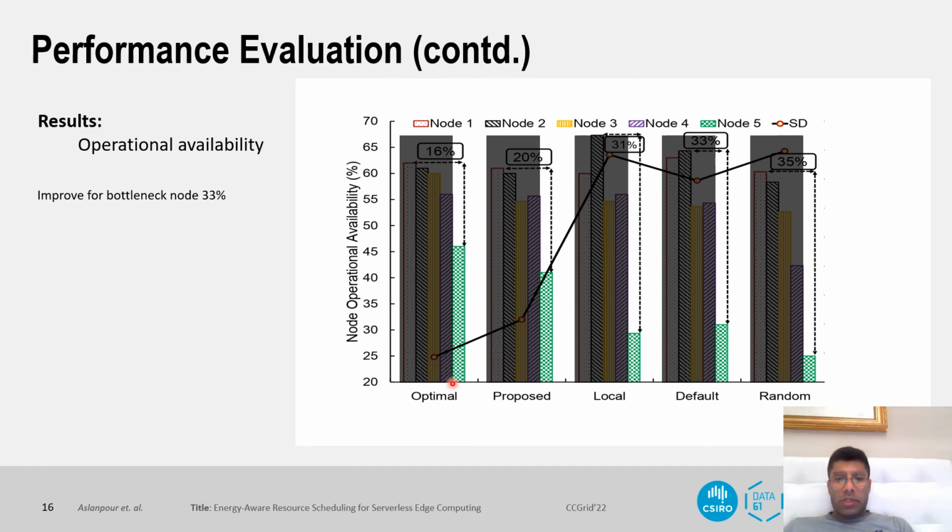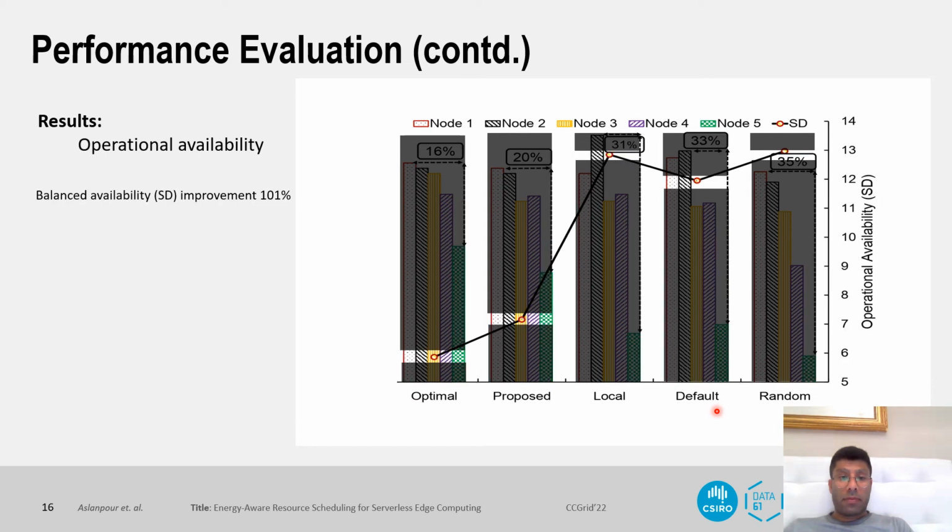We are particularly interested in node 5, the green one, that was the least available node. You can see that the optimal and proposed algorithms could increase the availability of this node significantly compared to the default scheduler of Kubernetes, by 33%.